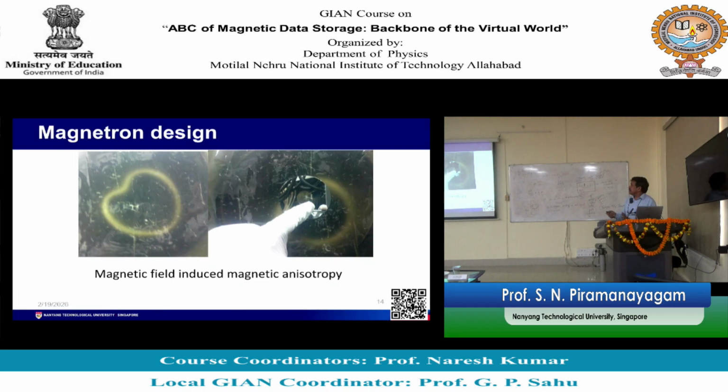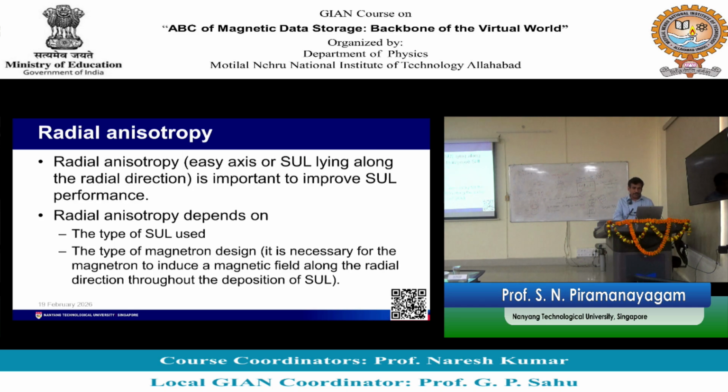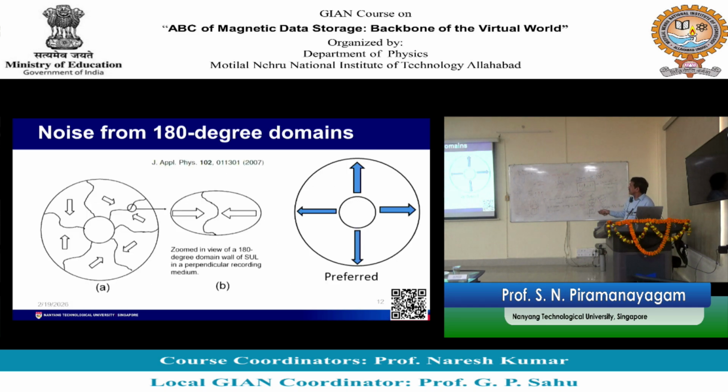Okay, so, we design the magnetrons in such a way that when you place the disc. So, this is a disc, I do not know if you can see clearly, there is a disc held by someone's hand, I do not know my hand or someone else. Okay, there is a disc and there is a magnetic field. So, that magnetic field forces the easy axis of the soft underlayer to point along the radial direction.